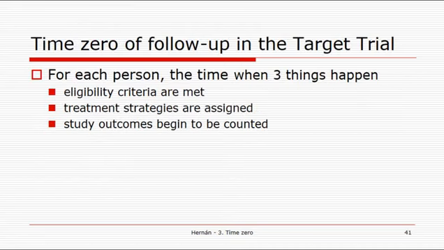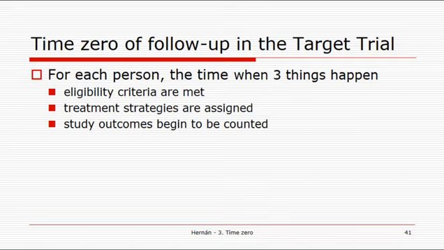See, you think about time zero in the target trial, okay? If we could conduct a trial, time zero is very well defined. Time zero is the time where 3 things happen. It's the time when people meet the eligibility criteria, when we assign them to treatment strategies, and when we start counting deaths or heart disease or any outcomes that we have of interest.